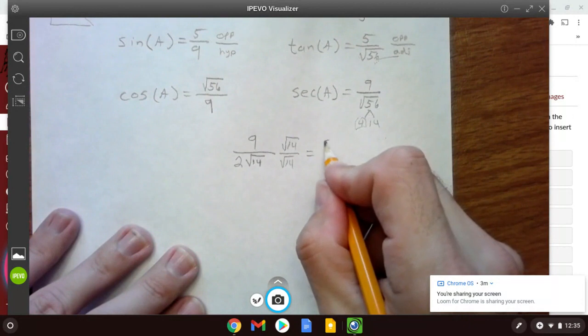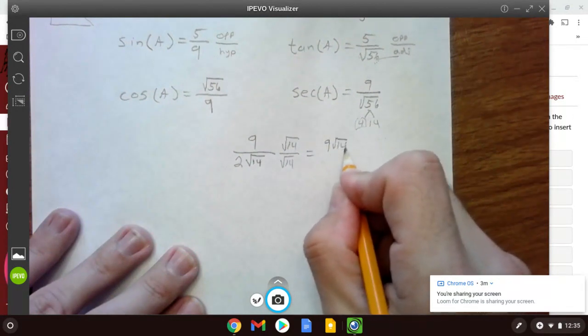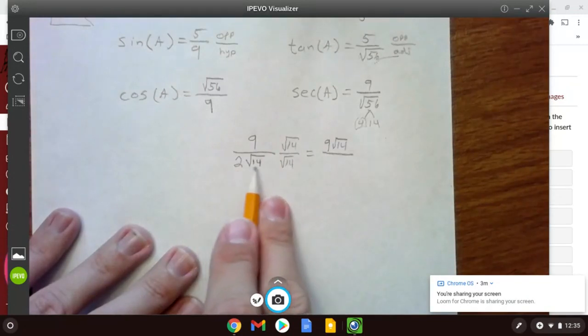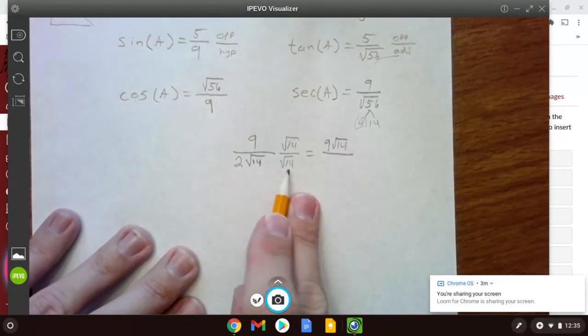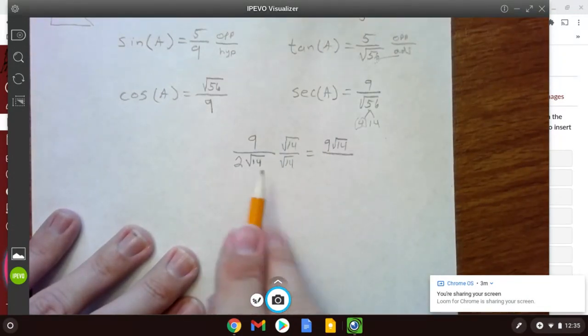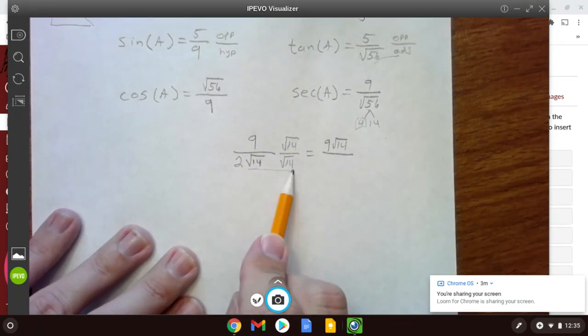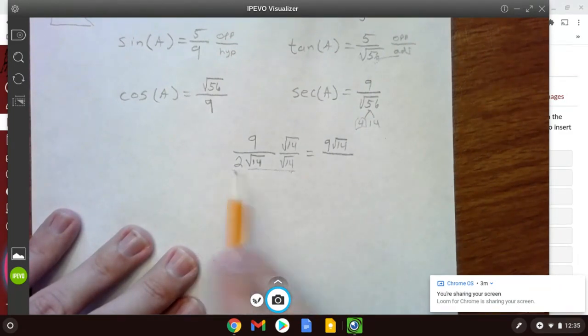That's going to give us a 9 root 14 on top. And then on the bottom, root 14 and root 14 makes 14, and then 14 times 2 is 28.